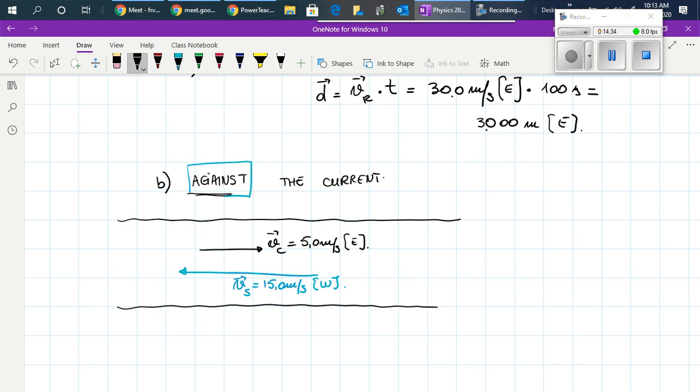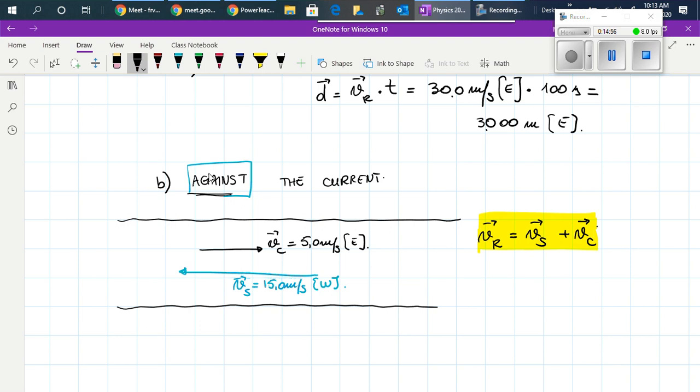As I said, the resultant velocity is always the velocity of the swimmer plus the velocity of the current, or the boat. This is where you have to start.